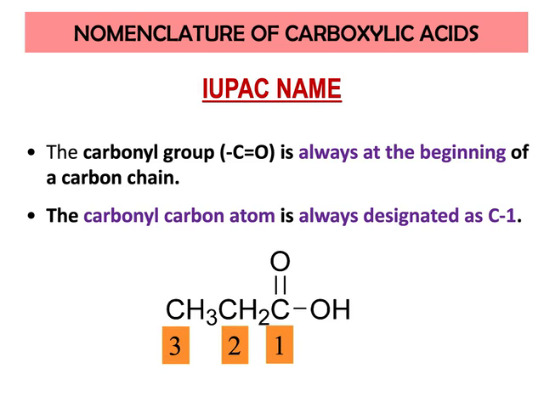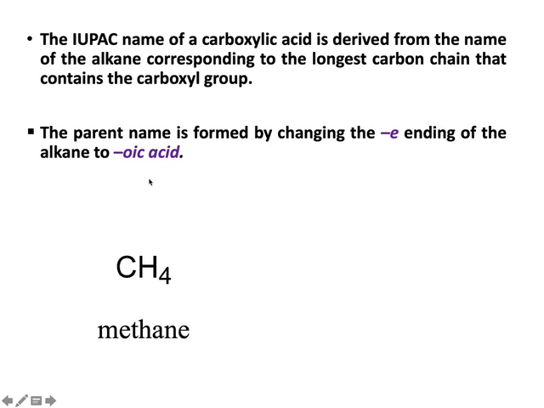So here is an example. This one is C double bond O OH. So we need to write this C as C1, followed by C2 and also C3. The IUPAC name for carboxylic acid is derived from the alkane corresponding to the longest carbon chain that contains the carboxyl group, which contains a carbonyl and also a hydroxy attached at the same carbon.